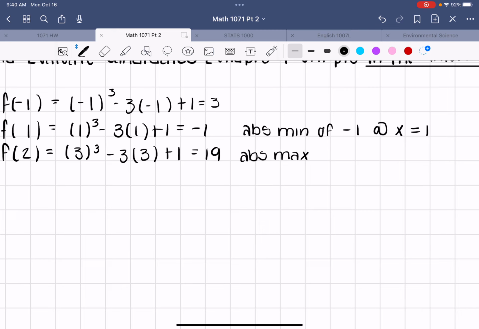F sub max occurs at 3 and is equal to 19. And so in fact, this guy was neither. Even though it was both endpoint and critical point, it's neither extremum.